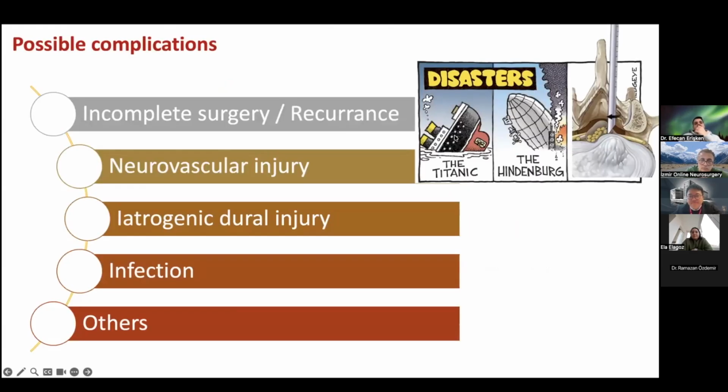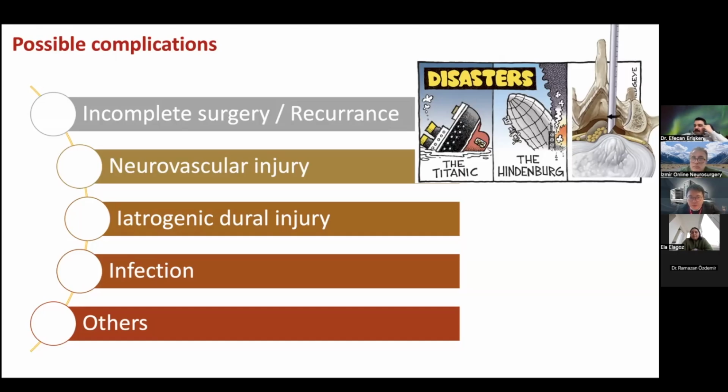So what can happen? If we look back into history, when we have new techniques and they go wrong, they typically end up as disasters. So just like any other surgical procedure, any kind of complication can happen in endoscopic spine surgery.